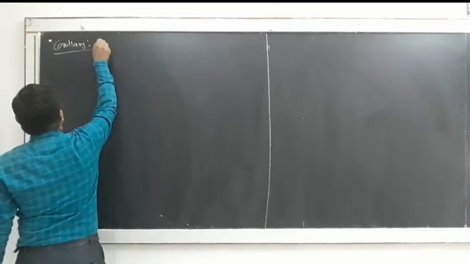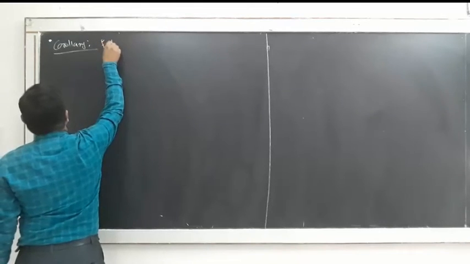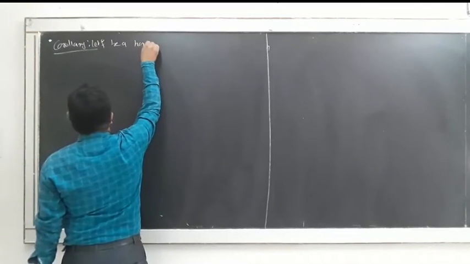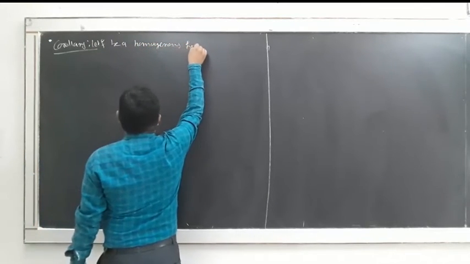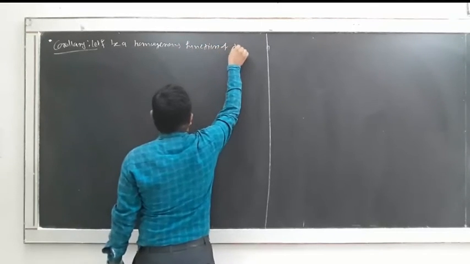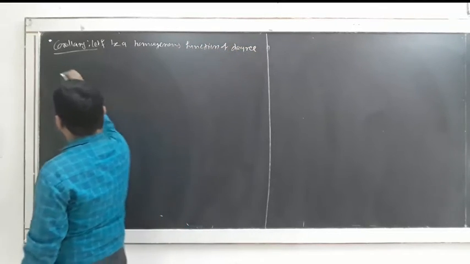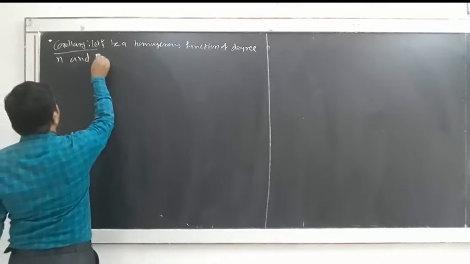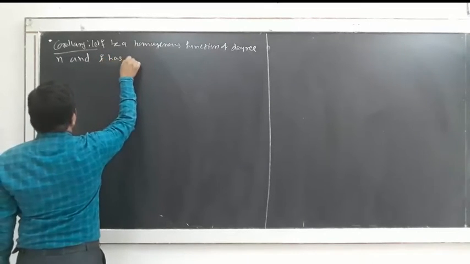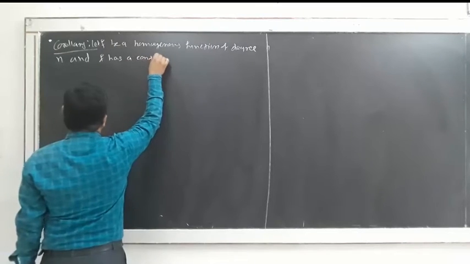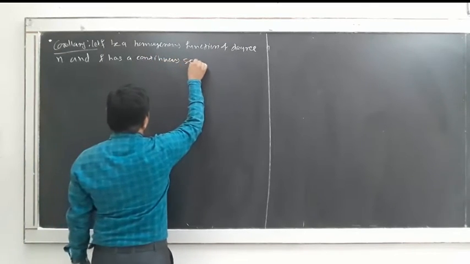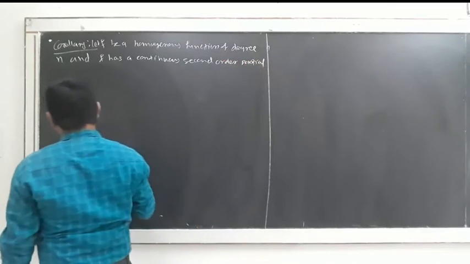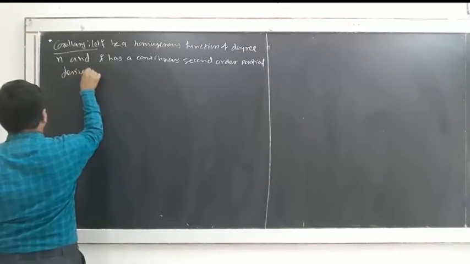Let f be a homogeneous function of degree n, and f has continuous second order partial derivatives.